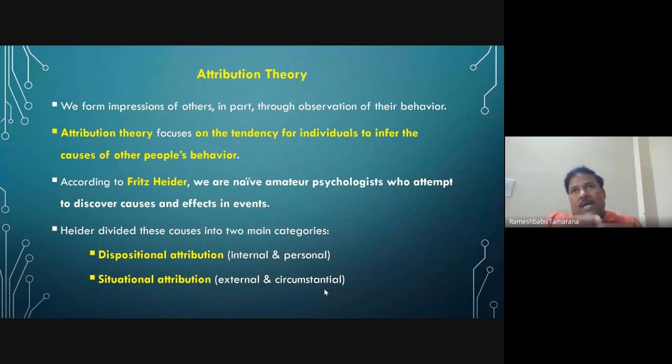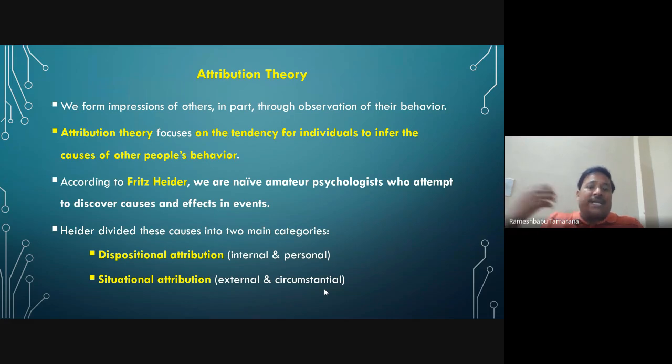Other than Kelley, another important researcher who has worked in this field is Fritz Heider. He states that we are naive amateur psychologists who attempt to discover causes and effects in events. Everybody acts like a psychologist. Everybody wants to prove a point that I understood why a particular individual does this.